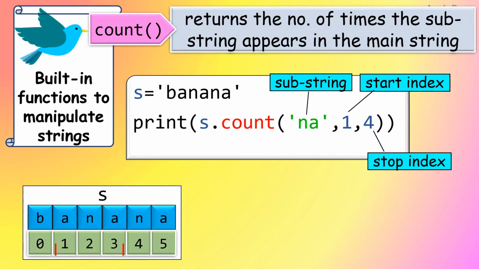So you have to look in the range 1 to 3 in the array and count for this substring na. Here na is there in the string banana. So the output of this print statement is 1.